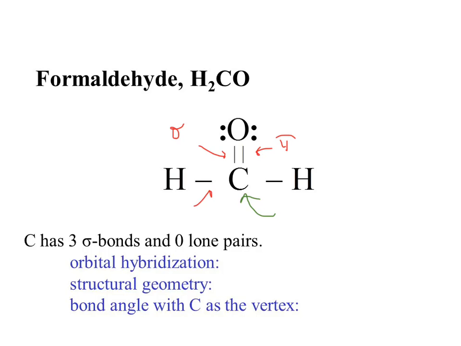So that's why around the carbon atom we have 3 sigma bonds. Now on that table, we're going to go on the second row, where it starts with 3. So what's its orbital hybridization? sp2. Structural geometry? Trigonal planar.